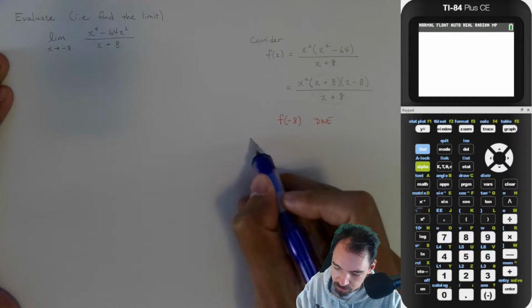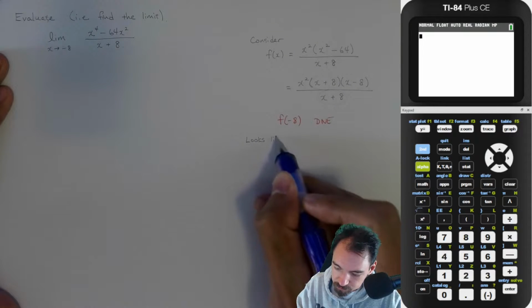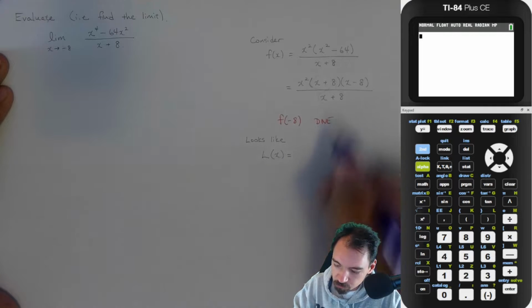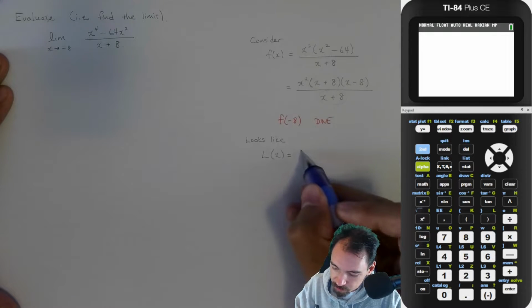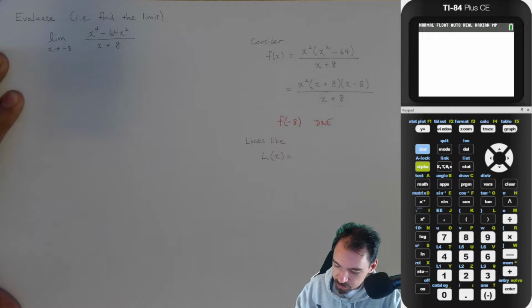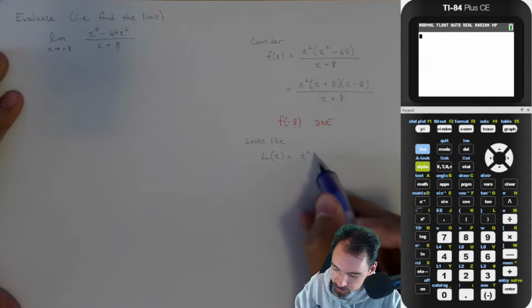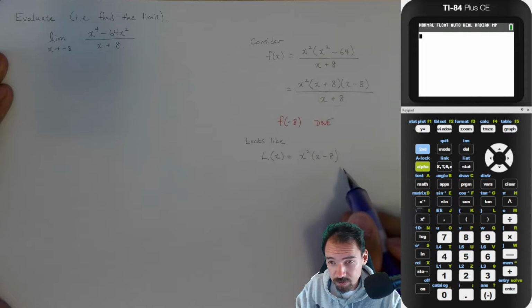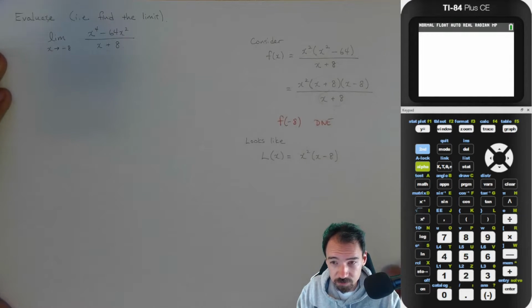So then we say, I guess this looks like, why don't we call this L of x, where we've eliminated this, we say it's x squared times x minus 8. Everywhere except x is exactly equal to negative 8, right?